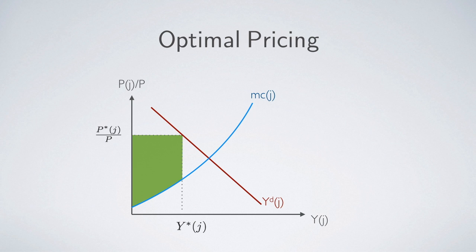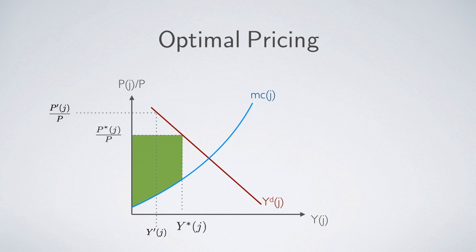In this graph, we want to see whether this price is an optimal one. Of course, the firm can think about charging a higher price, P prime over P. But if the firm charges a price that high, it can only sell Y prime units.